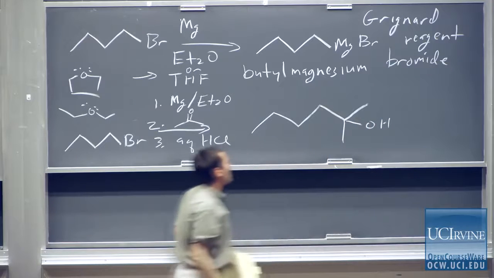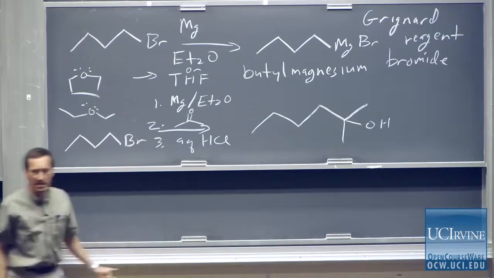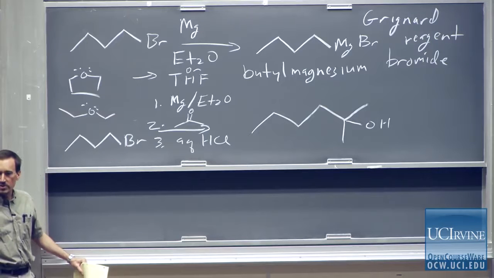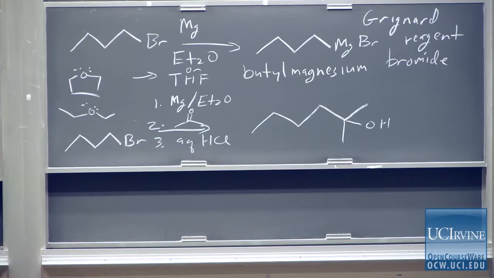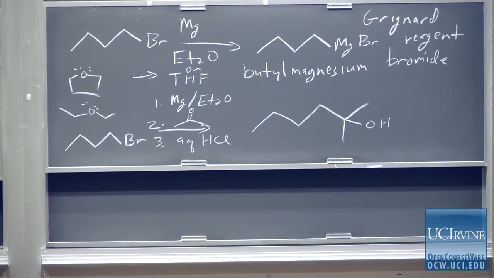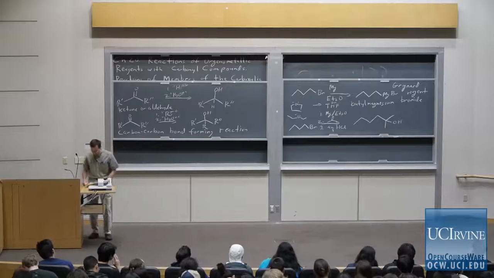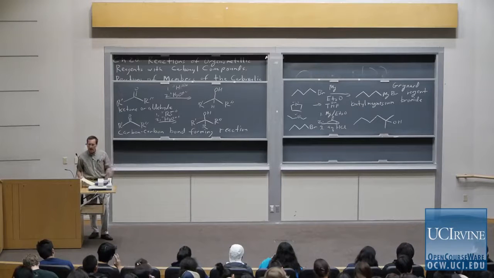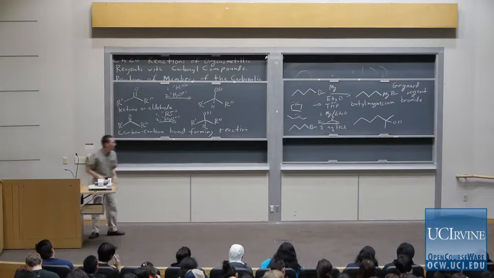If you wanted to name the compound, we've now formed a 6-carbon chain. So it's 2-methyl-2-hexanol as our product. So this is very powerful because now we've taken some small compounds that you can buy, and we've made a more complex molecule that you might not be able to buy.